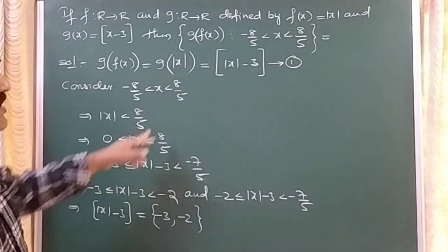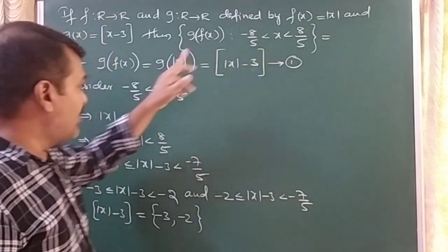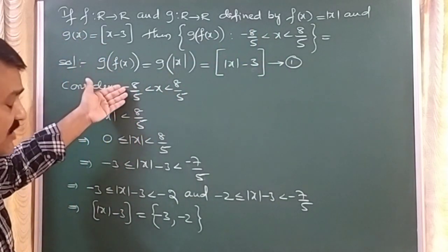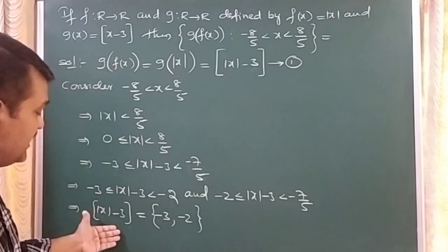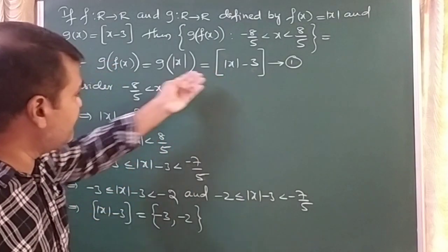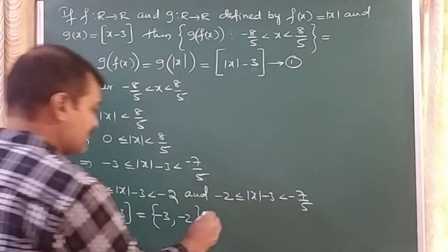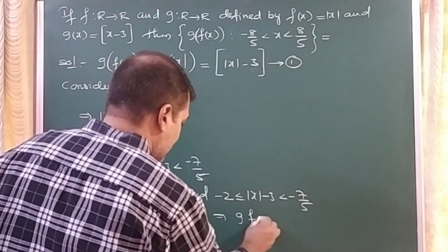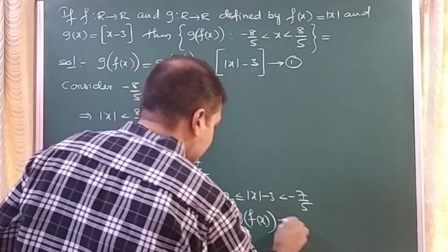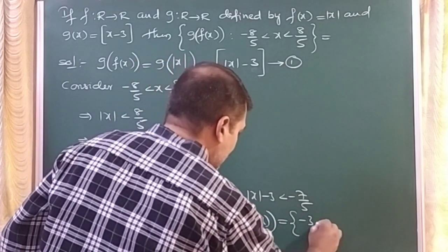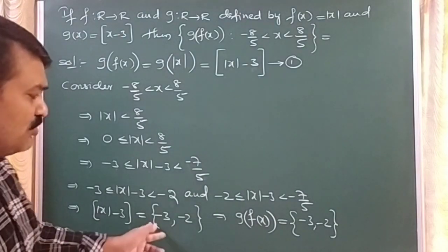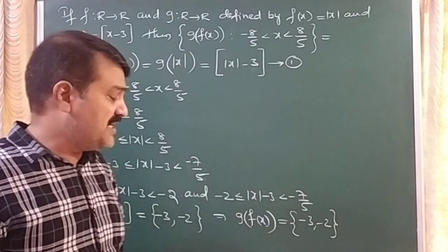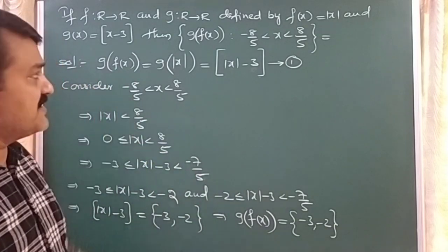Therefore for this particular interval of x, we actually determined the g of f of x values only. So the g of f of x values are the set of minus 3 comma minus 2, only two numbers. This is g of f of x.